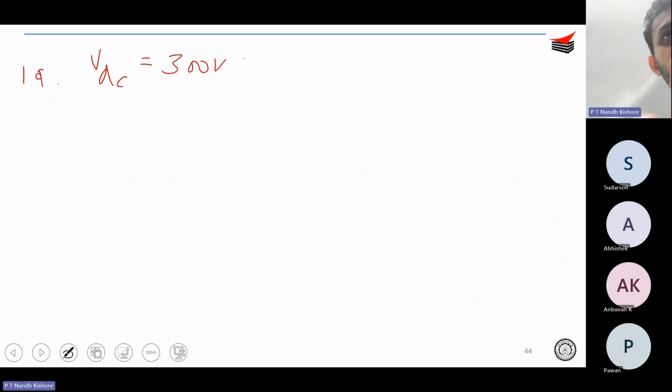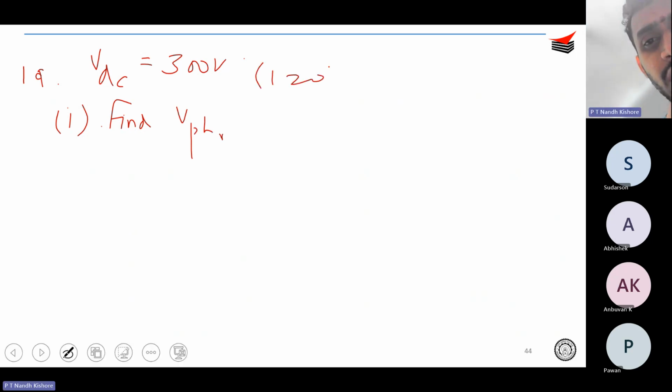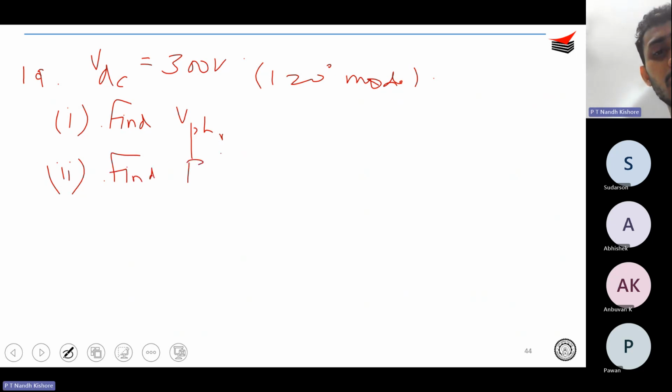There are two subcases to this question. Part one is to find V phase RMS, assuming 120-degree conduction mode, and then find the output power P out.